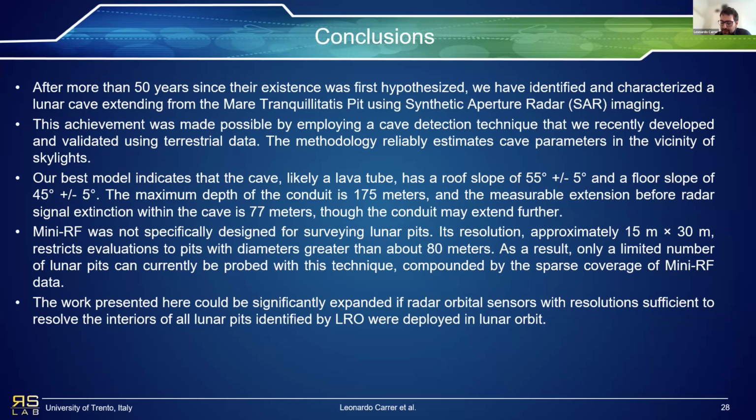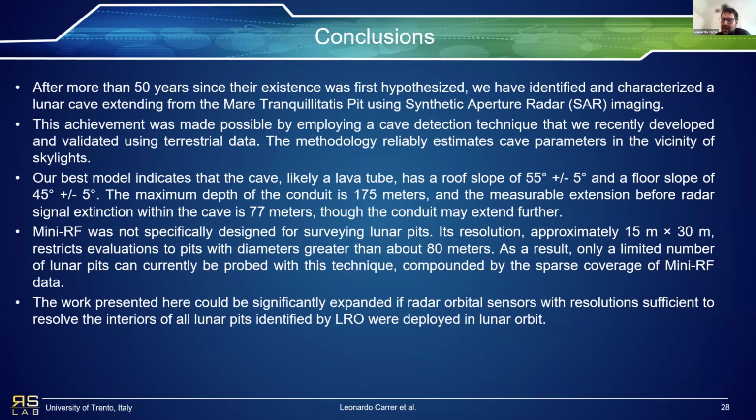We applied this technique on Mini-RF data acquired on the Moon, and we found a cave conduit below the MTP. The best model has a roof slope of about 55 degrees and a floor slope of about 45 degrees, and the conduit extends at the very least 77 meters into the lunar surface. It could be more, but we don't know because of the radar signal extinction.